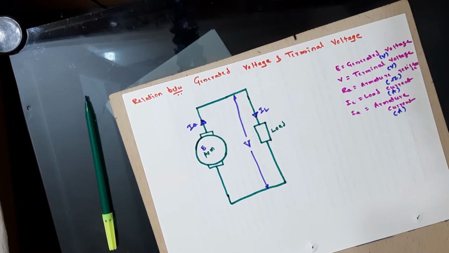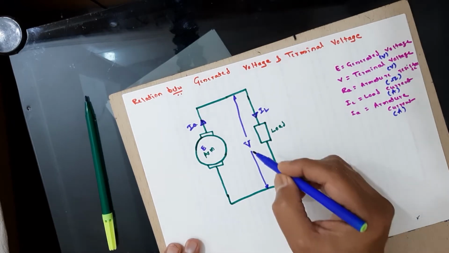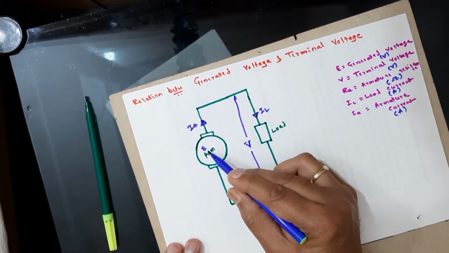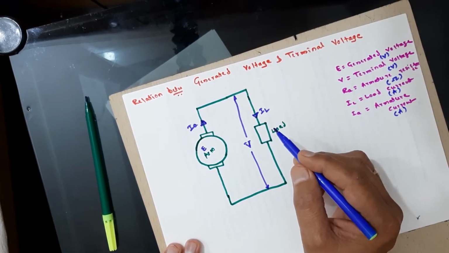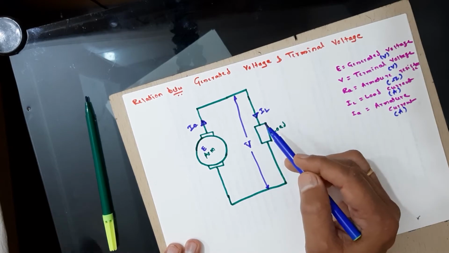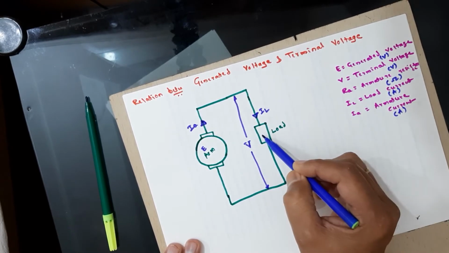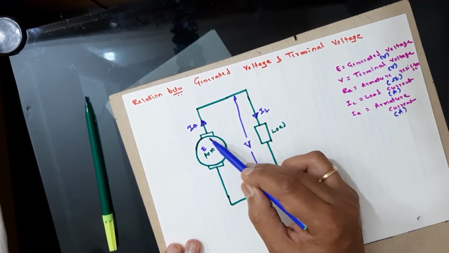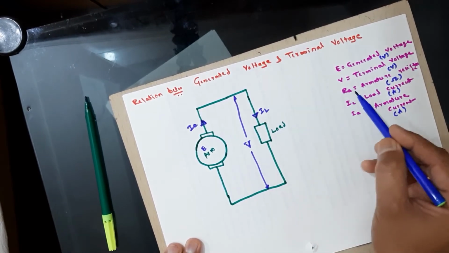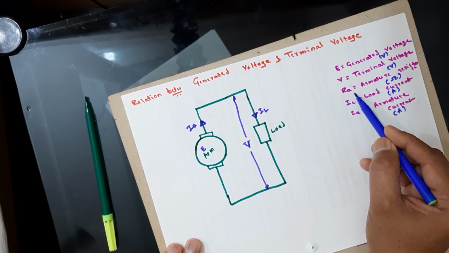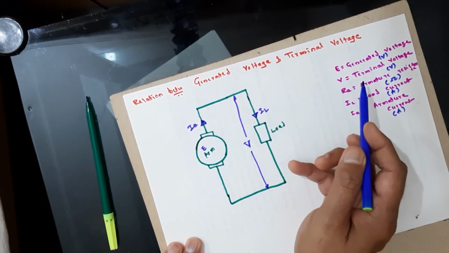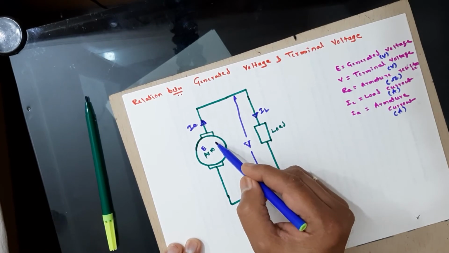The voltage available across the load is not the same as the generated voltage because of different factors. Whenever it is supplying a load, a current has to flow in the armature conductors. The armature has a certain resistance Ra, so because of the current flow there is a voltage drop in the armature resistance.